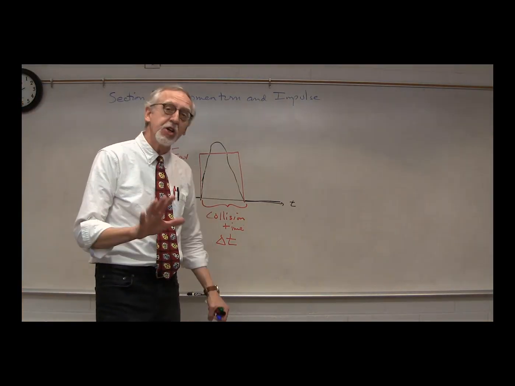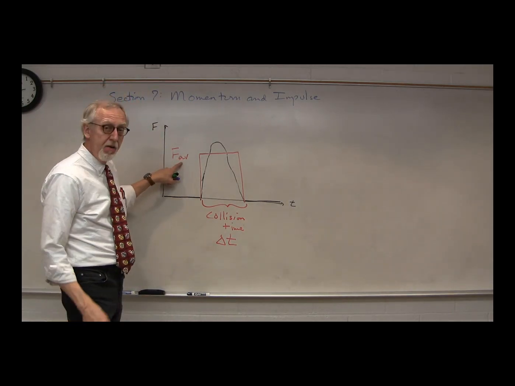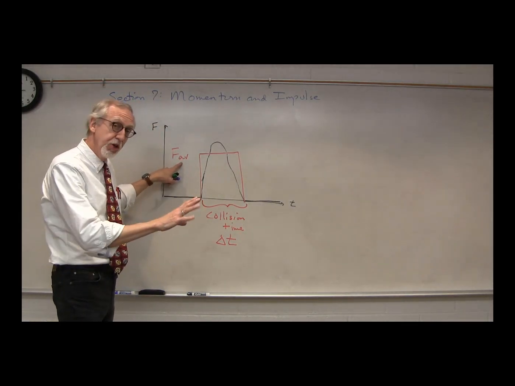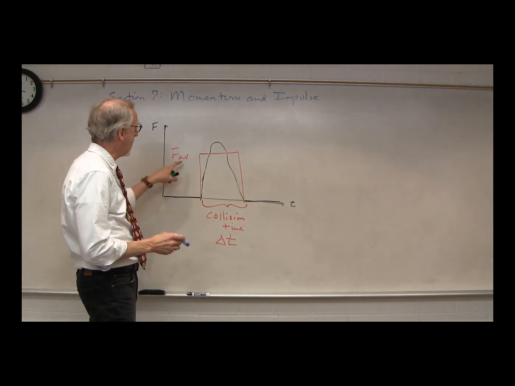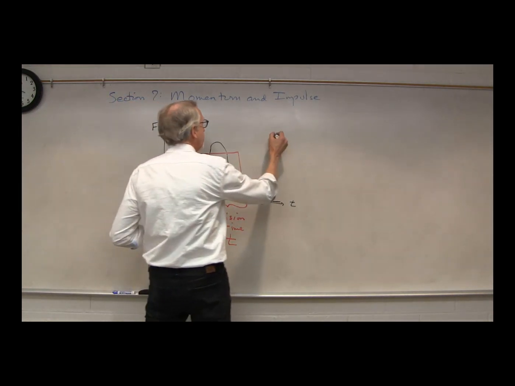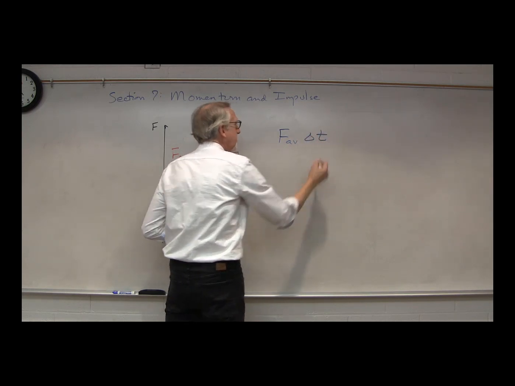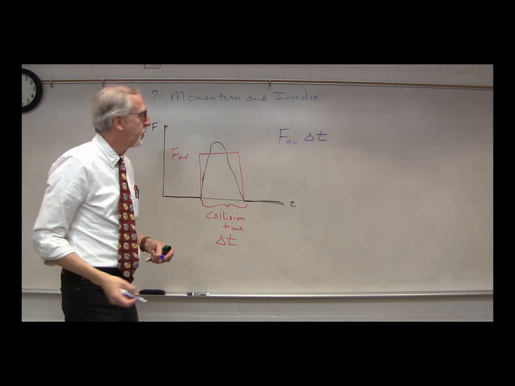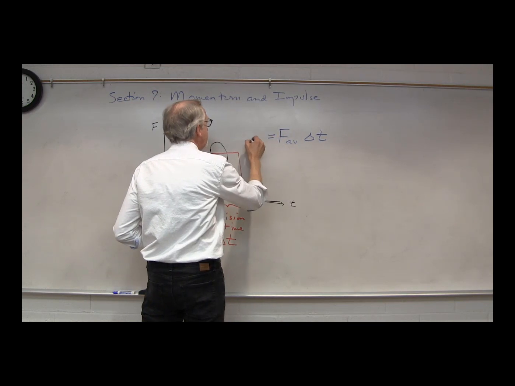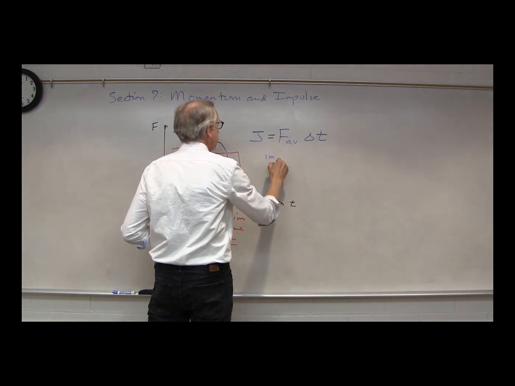Okay, so it's going to turn out that a very important quantity in looking at collisions will be the product of this average force with the time interval, delta t. This is what we call the impulse.